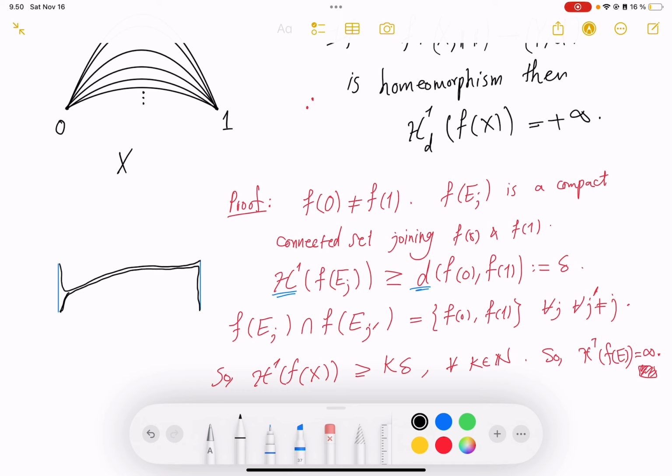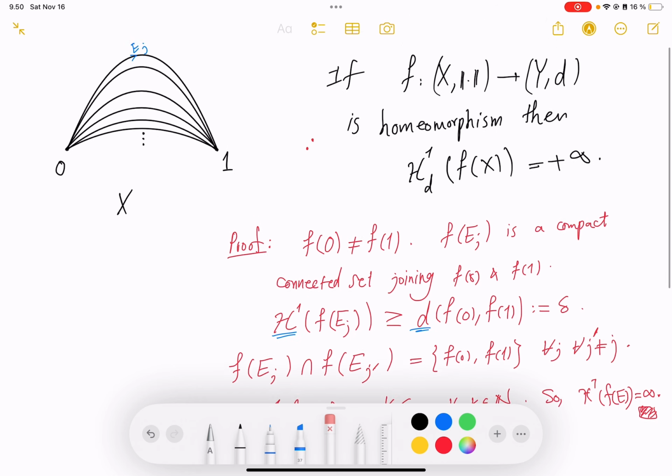I'm trying to make it actually two-dimensional. Otherwise, I could also just connect with one line. Technically, it's a compact connected set. But even if you insist on locally being homeomorphic to R2, you don't have any guarantee, any lower bound in terms of just diameter for H2. But for H1, you do.